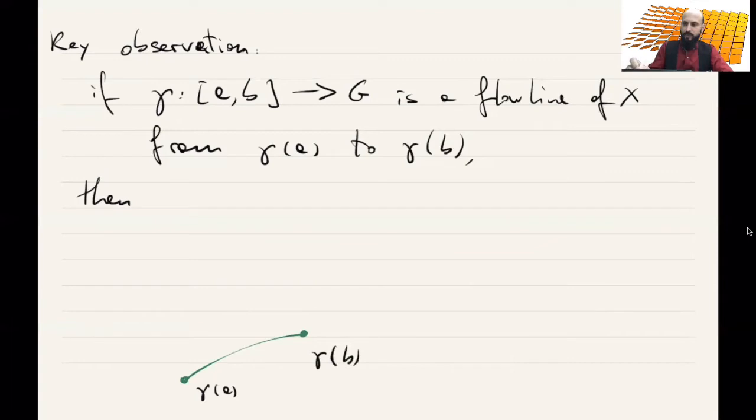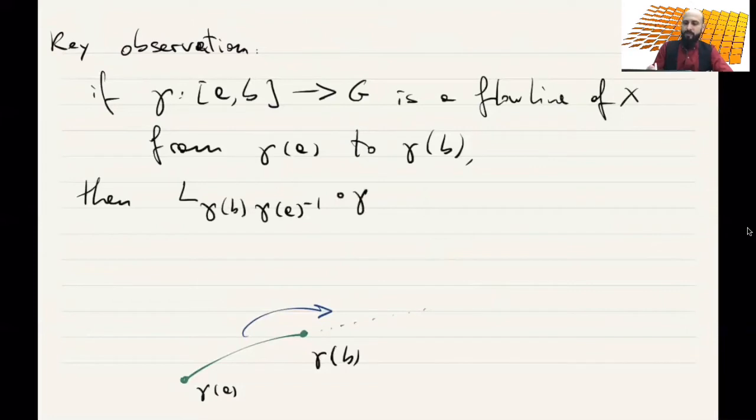Now we can translate the curve. I left translate in such a way that this point goes to this one. So I multiply on the left, since I'm using a left invariant vector field, first by gamma a to the minus 1 and then by gamma b.